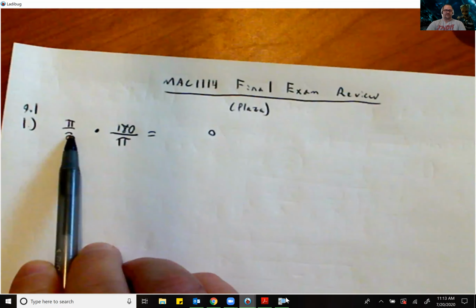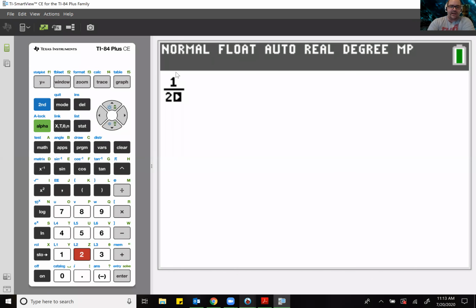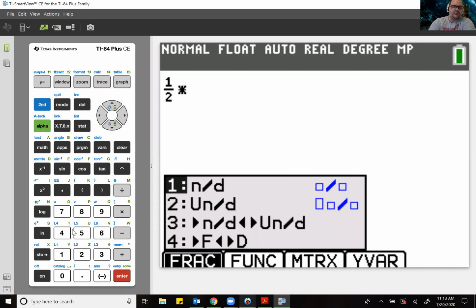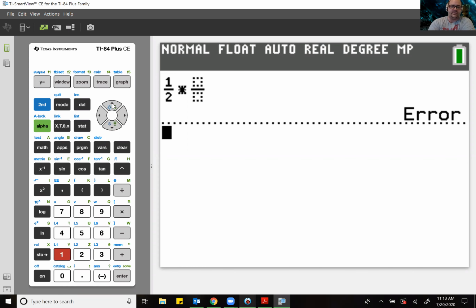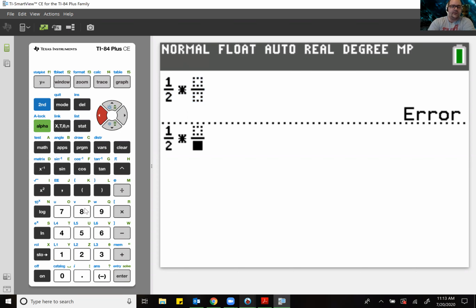Again, you can also go to your calculator. Remember, you got this alpha y equals button right here. If you ignore the pi's, what you're really doing is taking a half, because this used to be pi over 2, and you're going to multiply that by 180 over 1.